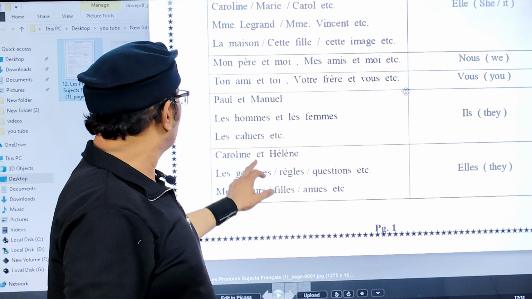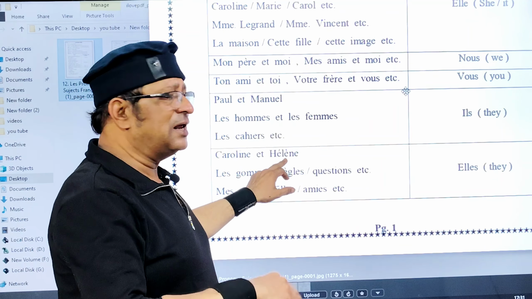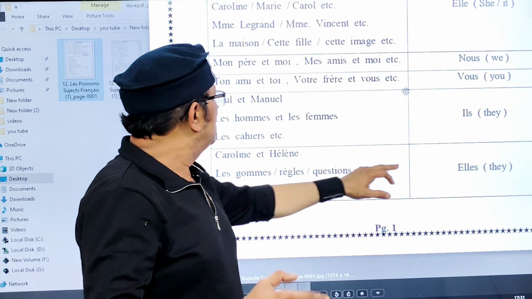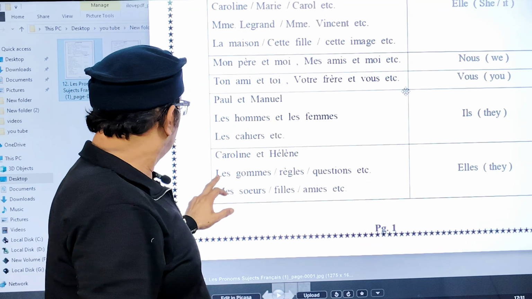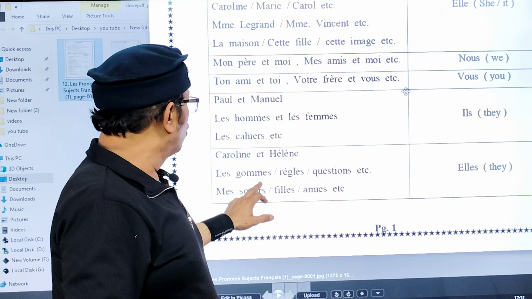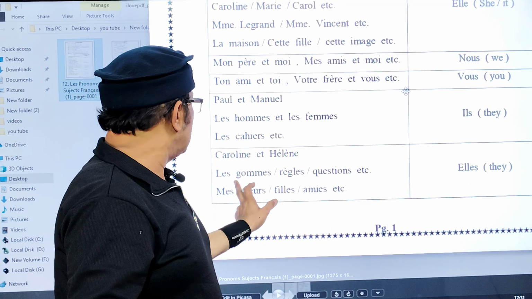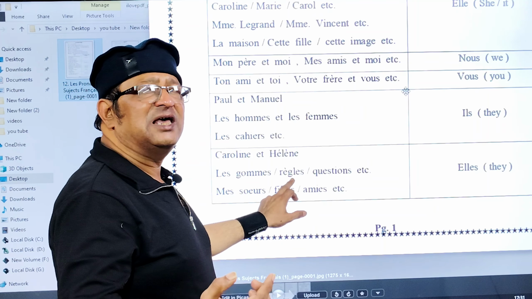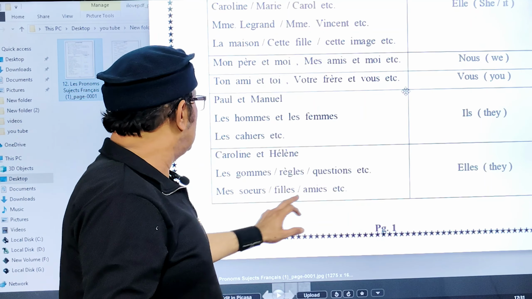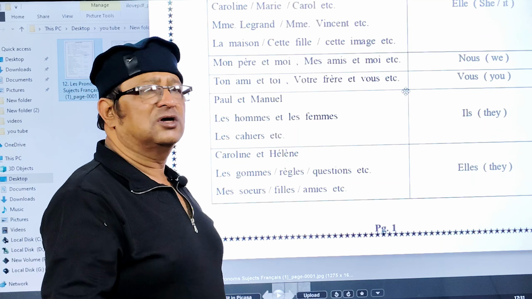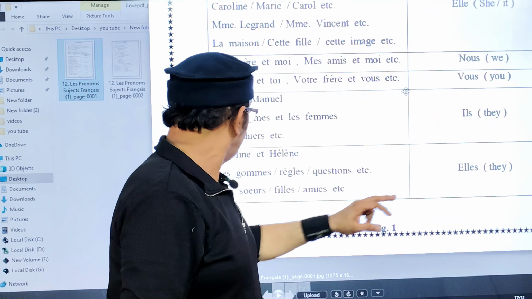Then here you can see Caroline and Ellen, both are feminine, elles. Then les gommes, the erasers or rubbers. Les règles, the scales, rulers. Les questions, the questions. Again, elles form.